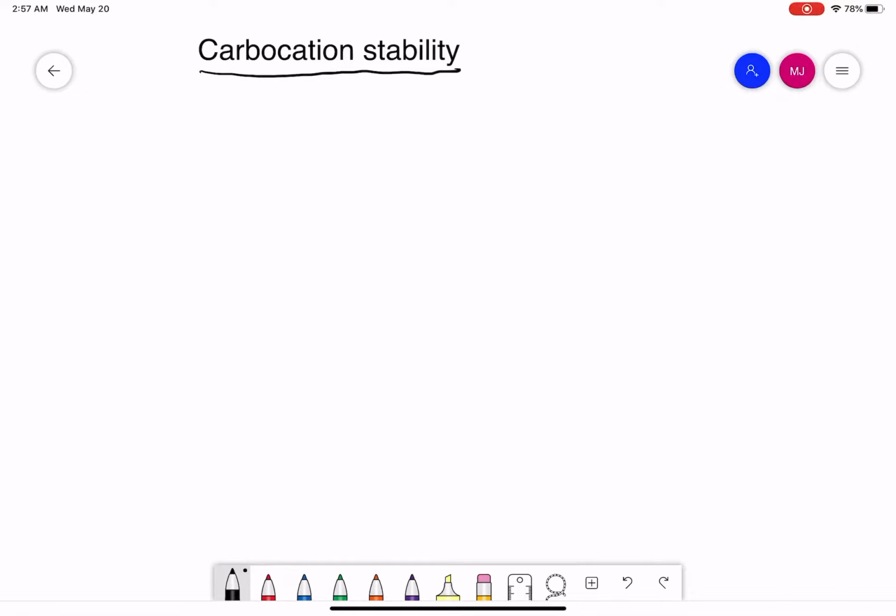Okay, so let's talk about carbocation stability. A carbocation is when you have a carbon atom that has a plus charge. So if I draw a plus, it means that that carbon has a plus charge.